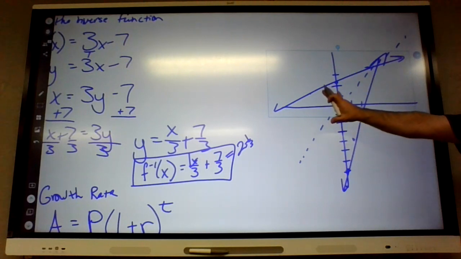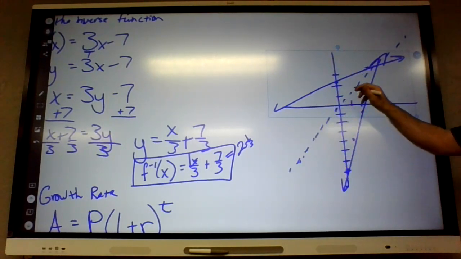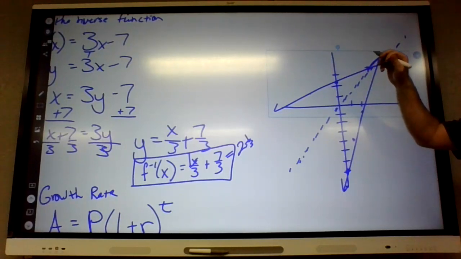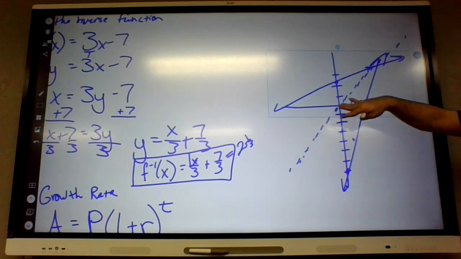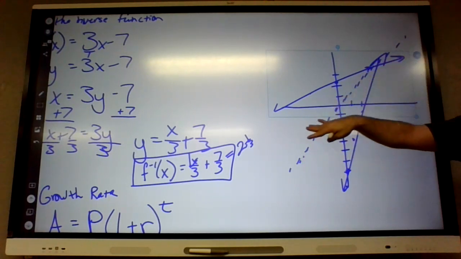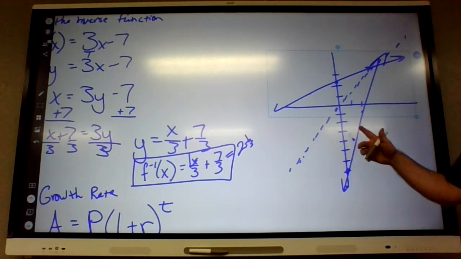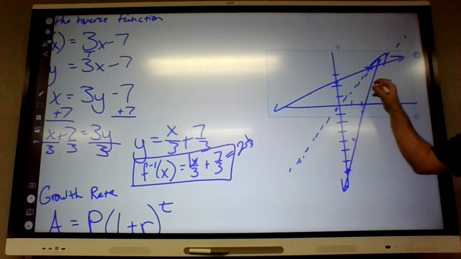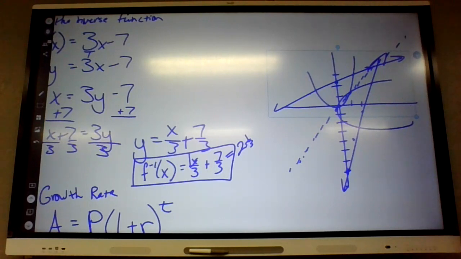And if you do these right, inverses are always reflections over this line. Shannon, stop. We drew different stuff, like parabolas.